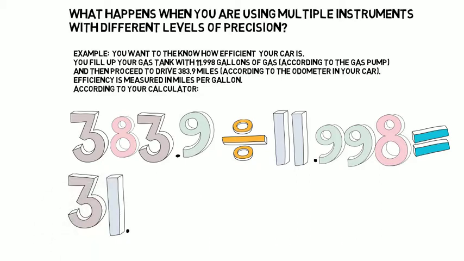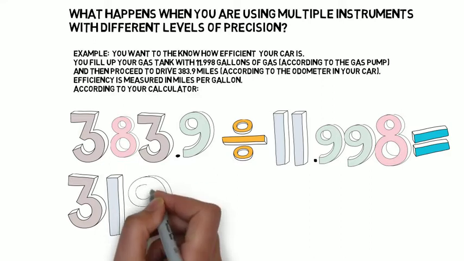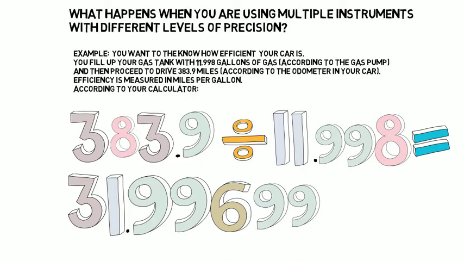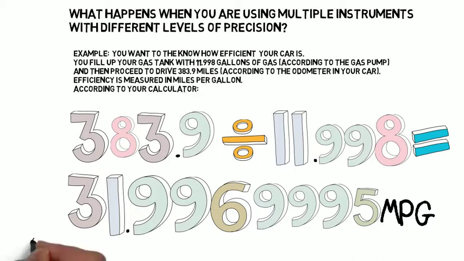For instance, you would never say that your car got 31.9969995 miles per gallon, right? You wouldn't say that. What would you say?